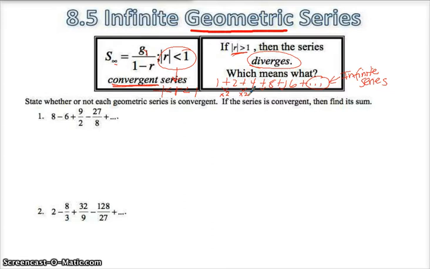However, if you have something smaller, like 1 plus 1/2 plus 1/4 plus 1/8 plus 1/16 plus 1/32, well, notice my common ratio here is 1/2. So this is an example where the common ratio, the absolute value, is less than 1.